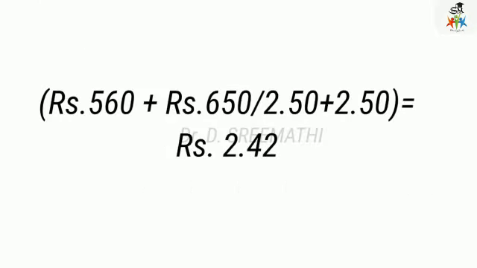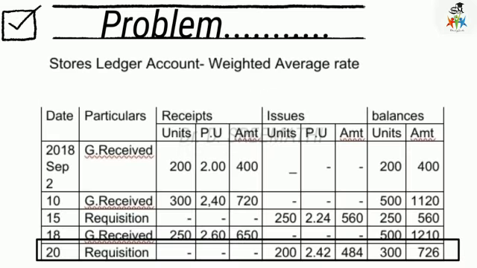Now you have to calculate 560 plus 650 divided by 250 units plus 250 units, which gives 2.42 rupees. Multiplying this by 200 gives 484 rupees, and the balance is 726 rupees. This is how you calculate under the weighted average price method.